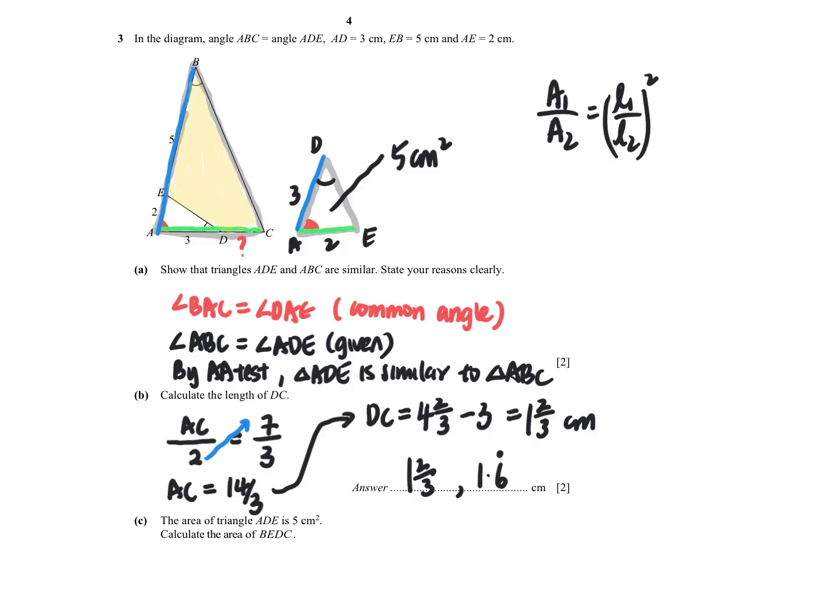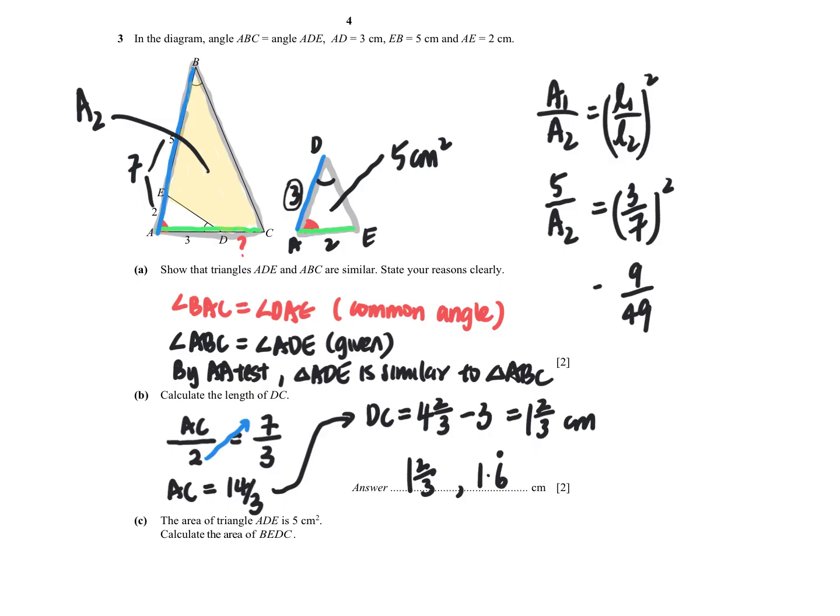If I already know that the small triangle is 5, I can find the whole big triangle first. Let's call this A2. So 5 out of A2 is 3 out of 7 squared. You just pick any side, so 3 out of this 7 squared. Once you are done with that, you know it's 9 out of 49. You can find what is A2.